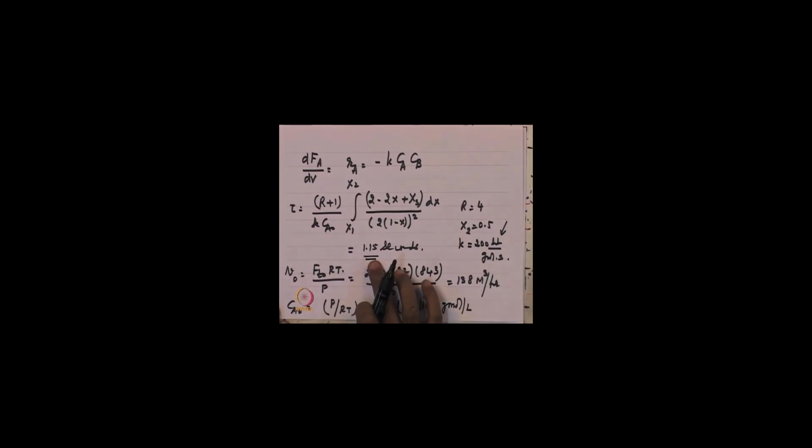In other words, for this flow rate, if F A 0 equals 1 kilomole per hour and F v 0 equals F A 0, then the residence time required to process this is 1.15 seconds.